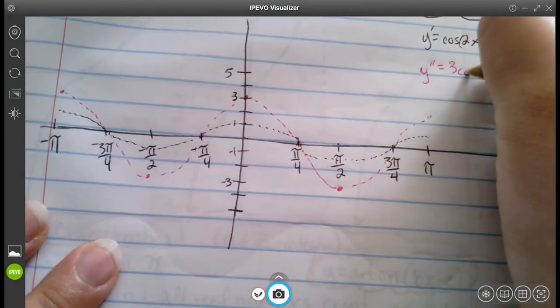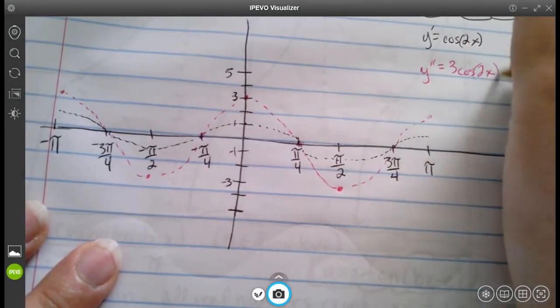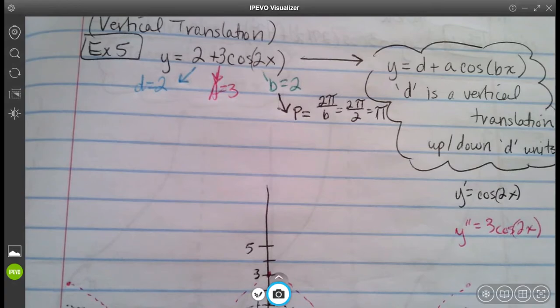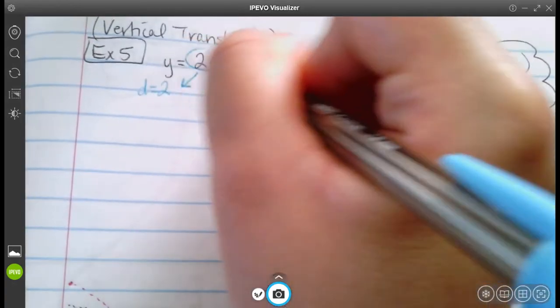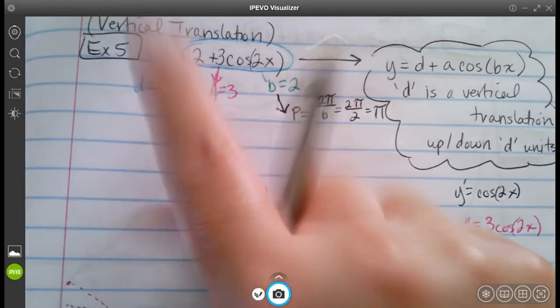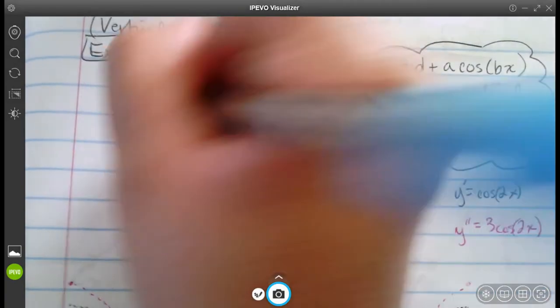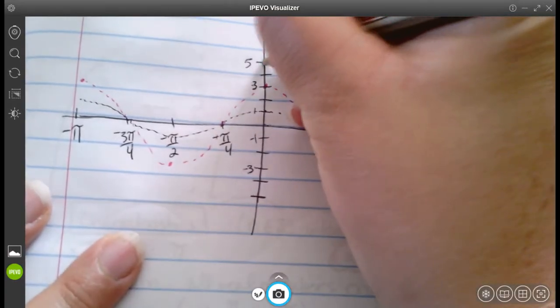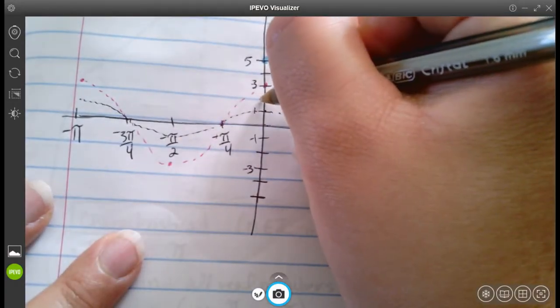Okay, and last but not least, so this would be y double prime. It would be 3 cosine of 2x. And I'm just kind of going in steps. The last thing I'm going to do is the one that I actually have. So I'm going to add 2 to it. This means up 2 units. So let's move this entire thing up by 2 units. So there's my new point. This one's going to move up now.